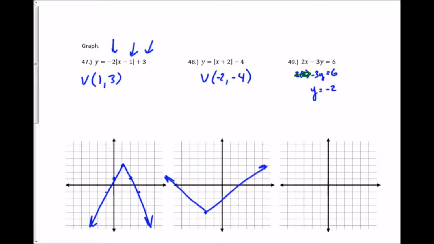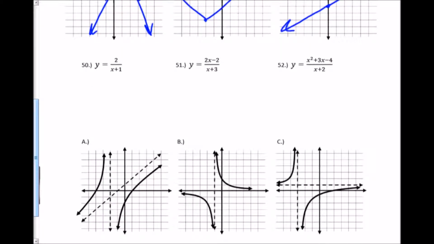And then if I plug a 0 in for y, I essentially have 2x equals 6, which means x equals 3. And I can just plot the x and the y-intercept. The y-intercept is negative 2. The x-intercept is a positive 3. And that is plenty of information to graph this thing. And that's it.